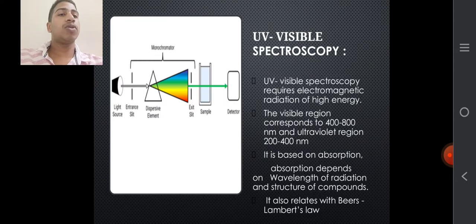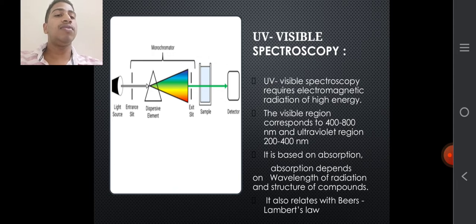UV visible spectroscopy. UV visible spectroscopy requires electromagnetic radiation of high energy. The visible region corresponds to 400 to 800 nanometer and the ultraviolet region to 200 to 400 nanometer. It is based on absorption. Absorption depends on wavelength of radiation and structure of compounds.